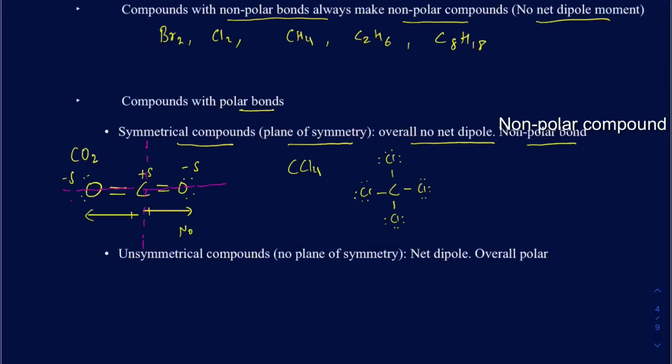So just like in case of carbon dioxide, there was no net dipole. Similarly, in case of this CCl4, there is not going to be any net dipole because they all cancel one another out. So no net dipole in this particular case as well.